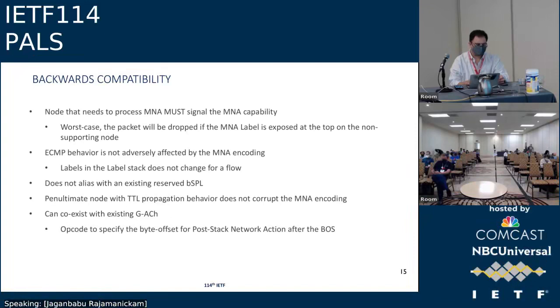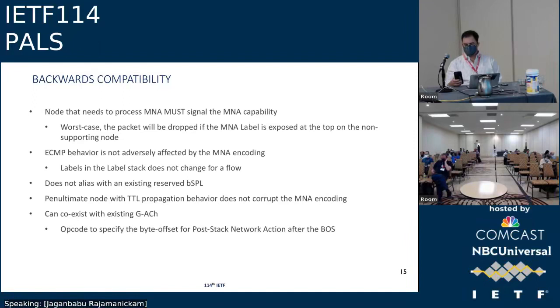In the worst case, if there is some change in the topology, even though the end node is not aware of this MNA capability, since we are using the SPL, this packet is not able to be processed by the specific node, and the specific packet will be dropped in this case.